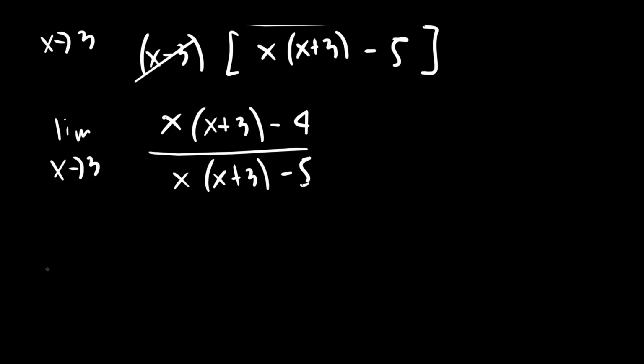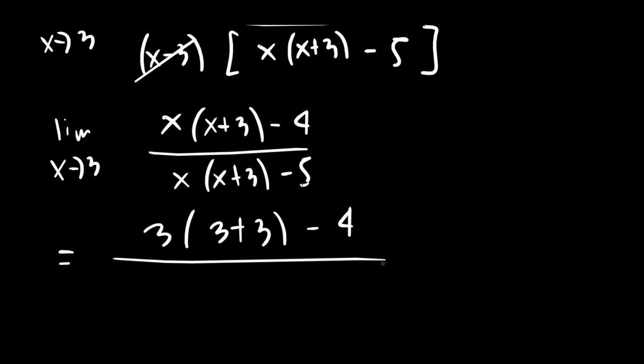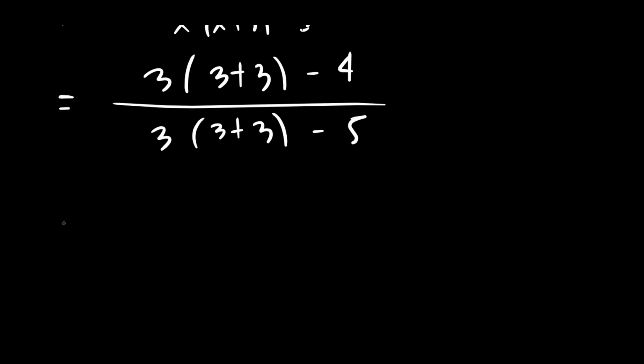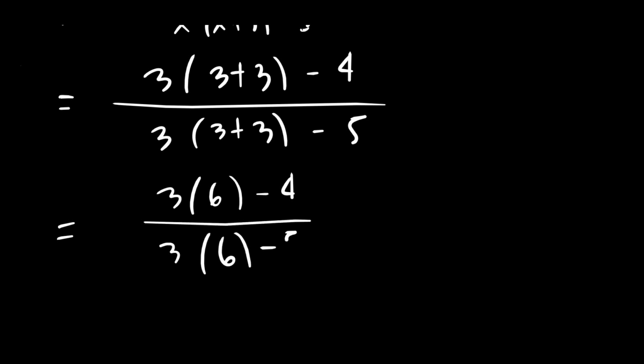So we'll have 3 multiplied by 3 plus 3 minus 4, all over 3 multiplied by 3 plus 3 minus 5, which is 3 multiplied by 6 minus 4 all over 3 multiplied by 6 minus 5.